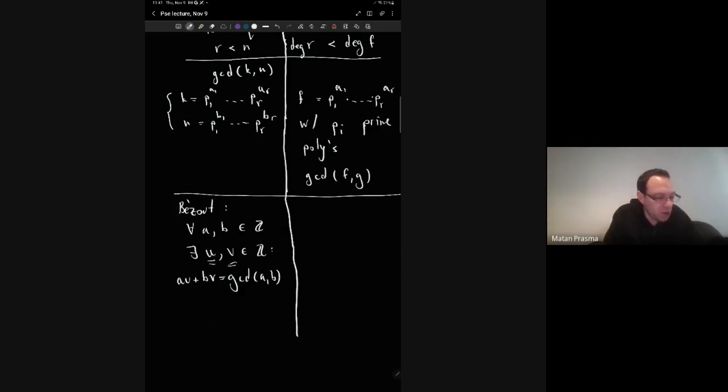These u and v are called the Bezout coefficients, and they're generally not unique, but it's enough for us that they exist in order to do what we want. Namely, in the case of integers, we wanted to prove that integers modulo p are a field.